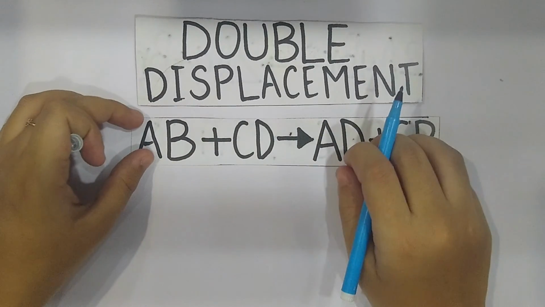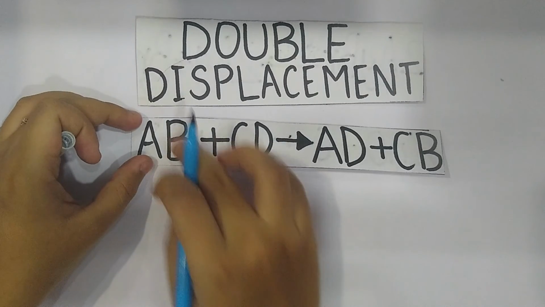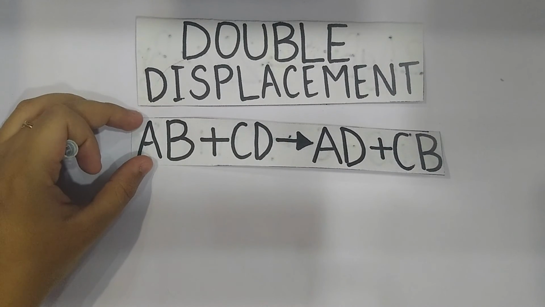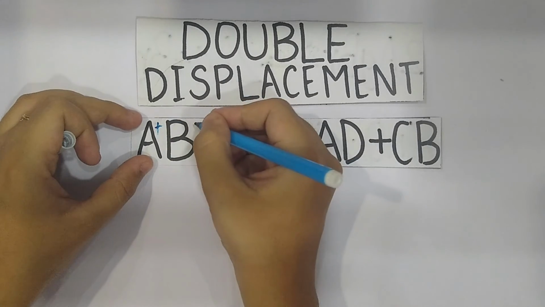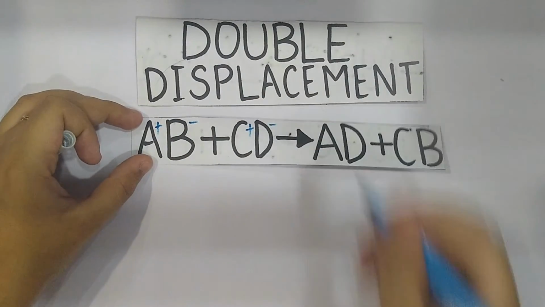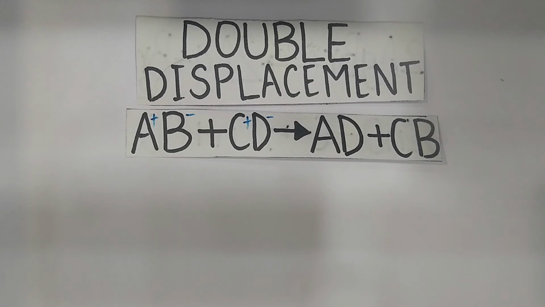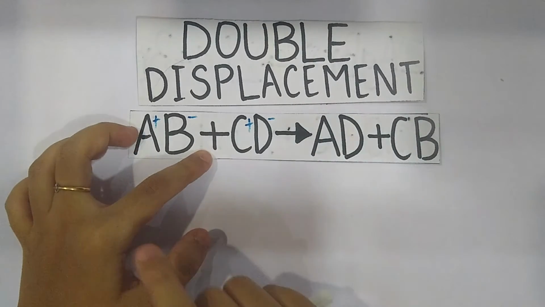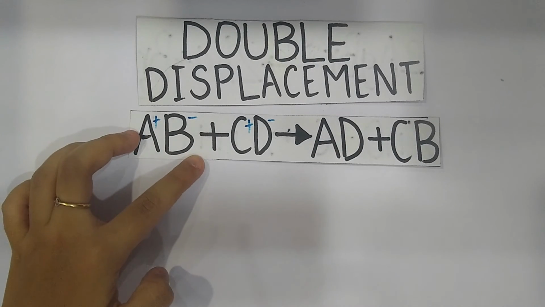Now I told you previously that when a compound is formed, one of the elements will be positive and the other element will be negative. Same here, alright? So you know that positive gets attracted to negative.